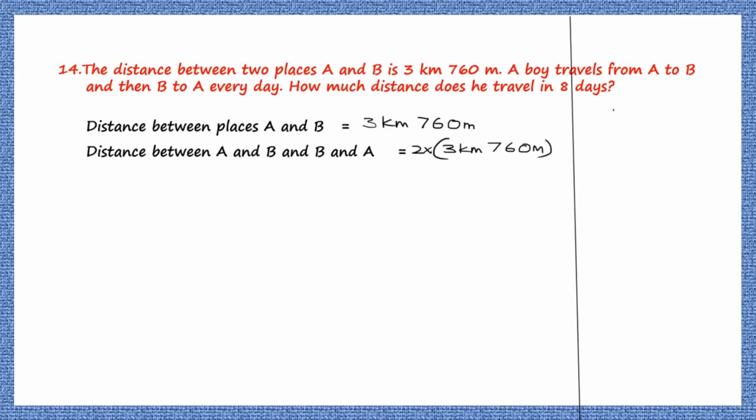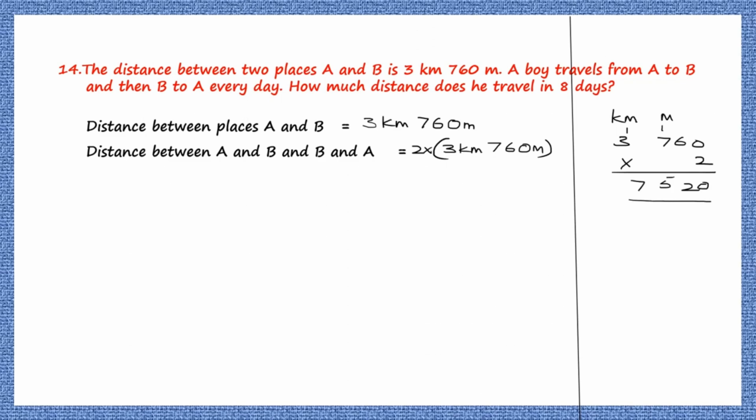So let's multiply that. We have 3 kilometers, 760 meters. We can multiply it by 2. So 0, 2 6s are 12, carry 1, 2 7s are 14, plus 1 is 15, carry 1, 2 3s are 6, plus 1 is 7.